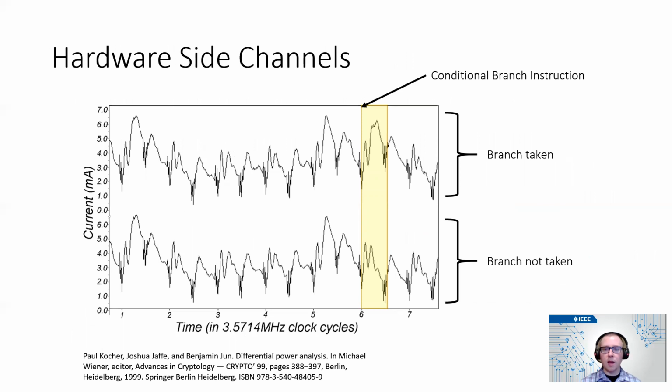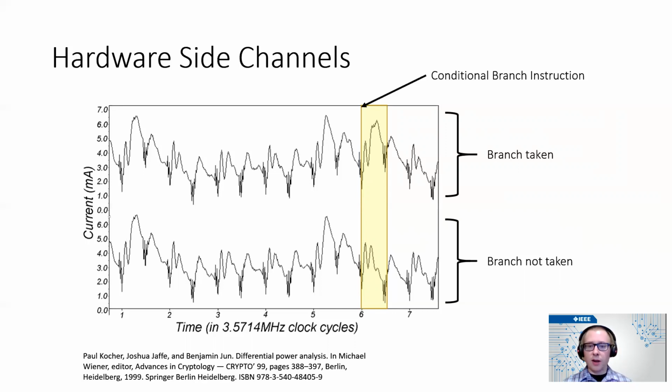Of course, there are other implementation details of a machine that can inadvertently leak information in a similar manner. 1 year later, Paul Kocher and others demonstrated that by measuring the power current drawn by some computers, they could gain some insight into the behavior of a Data Encryption Standard implementation. The top and bottom of the figure show two traces of power measurements taken for the same function, one with a branch taken and the other without.